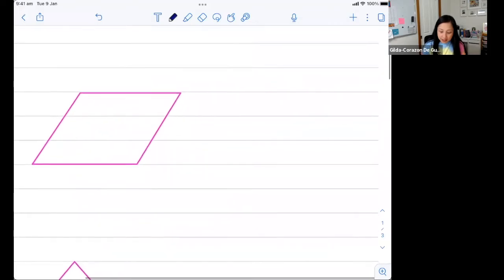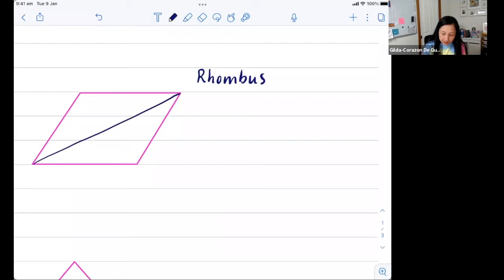Now, what do we call this shape? We call this the rhombus. And when we have a rhombus, we can do the same as previously with a trapezium, and we can divide it into two triangles.